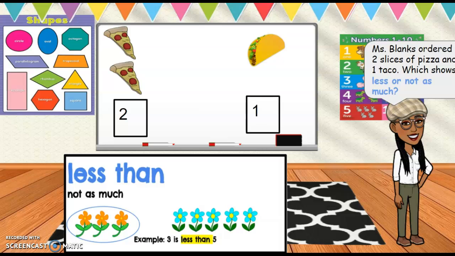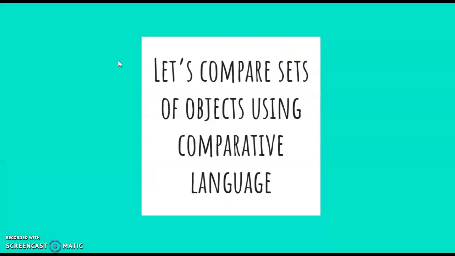We're looking for which one shows less, and the answer is the tacos. So we would say the tacos are less than the slices of pizza because there are not as many tacos as there is pizza.